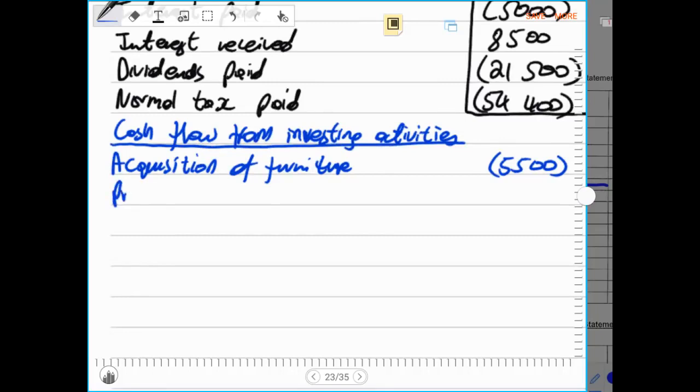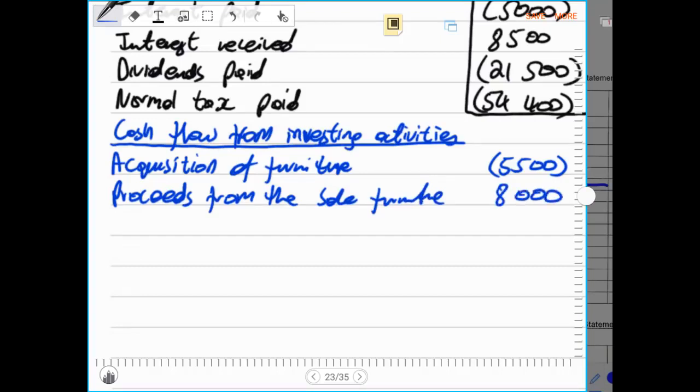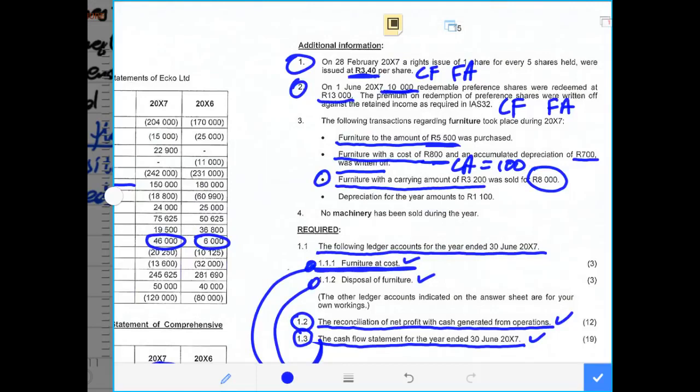That will be proceeds from the sale of furniture. That means the money that we received on the sale of this furniture, of which we received 8,000 rands, will be recorded as proceeds on the sale of the furniture.